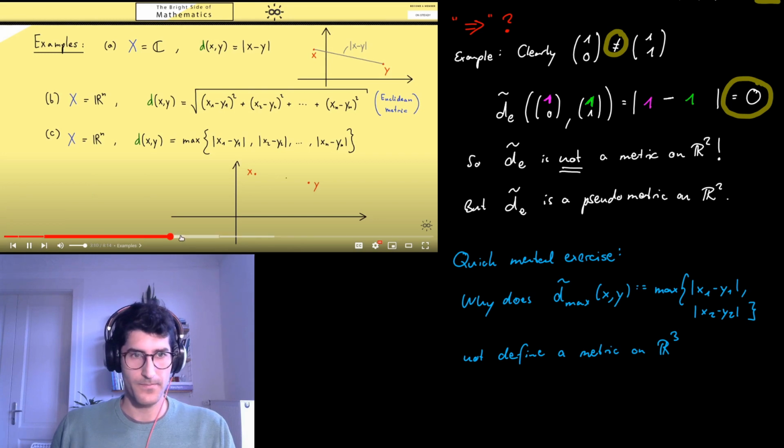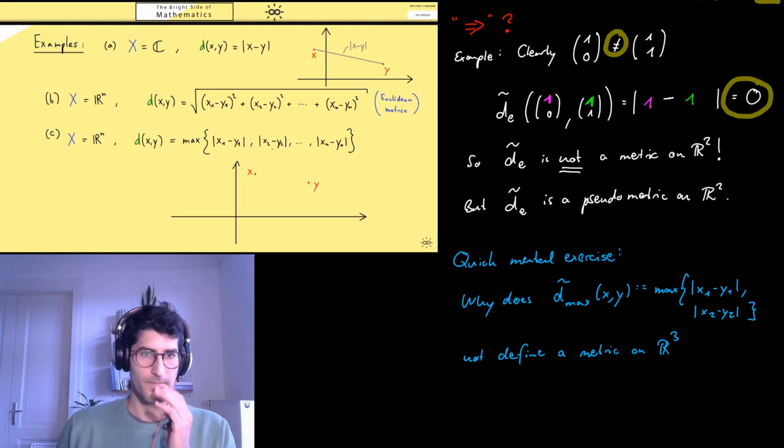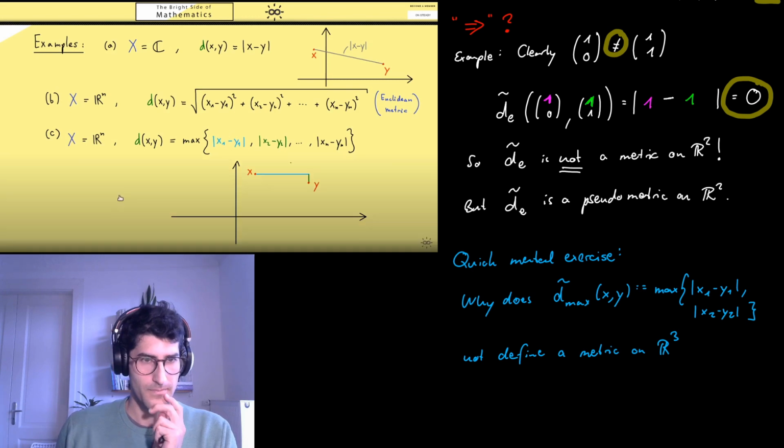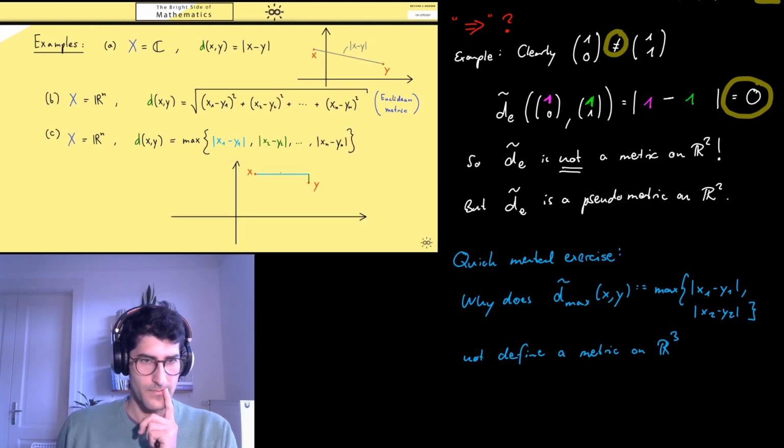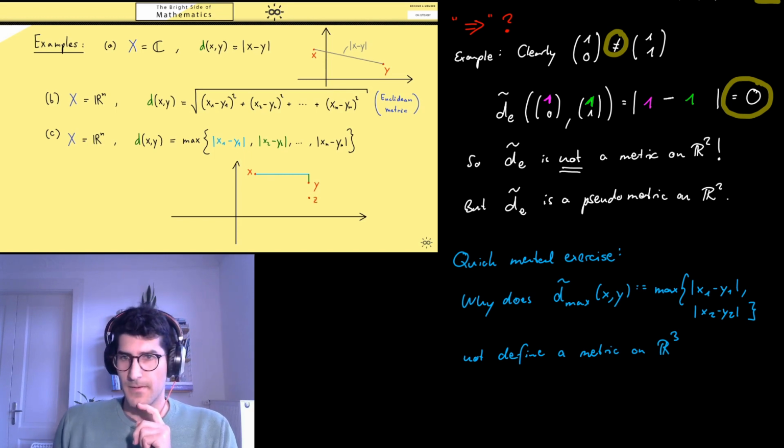So here we see 2 points, x and y, and what we now have to do is calculate the distances of the components here. Now in blue we have the distance in the first component and in green in the second component. And as you can see, the blue one is bigger, so the maximum is indeed this number here. Which means using this metric, this is exactly the distance between x and y. Or in other words, if you choose a point z here, for example, it has the same distance from x as the distance x to y.